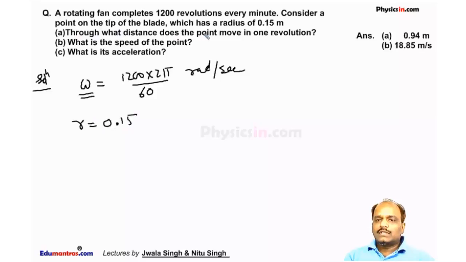Through what distance does the particle move in one revolution? So the first part is A. The distance traveled, we know distance is 2 pi r. So it is 2 into pi, pi means 3.14, into 0.15.